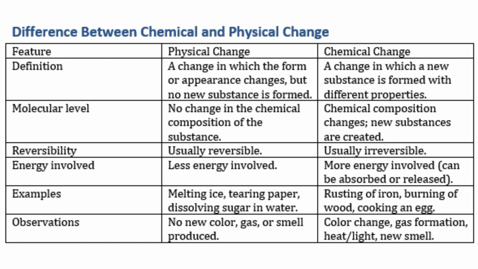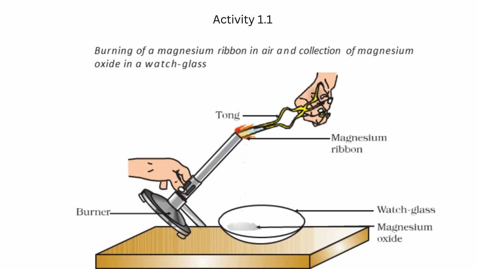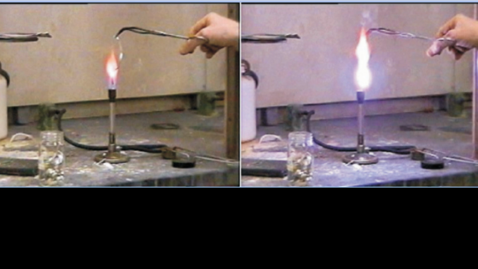Now let us understand chemical changes better with the help of some activities. Now let's start our first activity, burning of magnesium ribbon. Take a piece of magnesium ribbon, hold one end of it with the help of a tong and heat the other end over a Bunsen burner or a spirit lamp. It starts burning with a dazzling light and produces dense white fumes. The white fumes on cooling form a white powder called magnesium oxide.